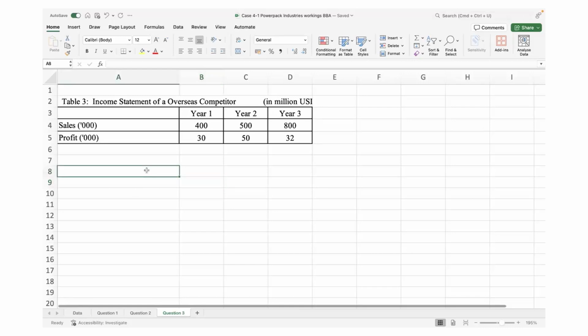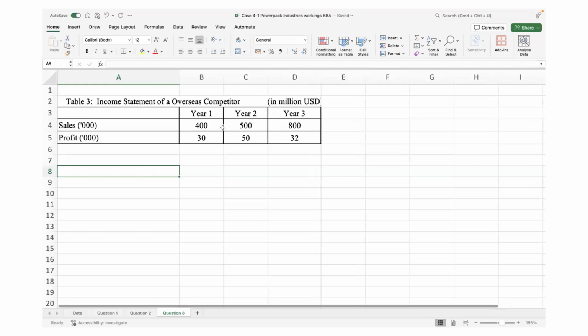If the company is operating above the break-even point, then the difference in the profit divided by the difference in the sales is equal to the contribution margin. Because once we cross the break-even point, the entire contribution goes to the profit. Therefore, when the company is moving from 30 to 50 profit, the contribution also moves by 20 million US dollar in this particular case.